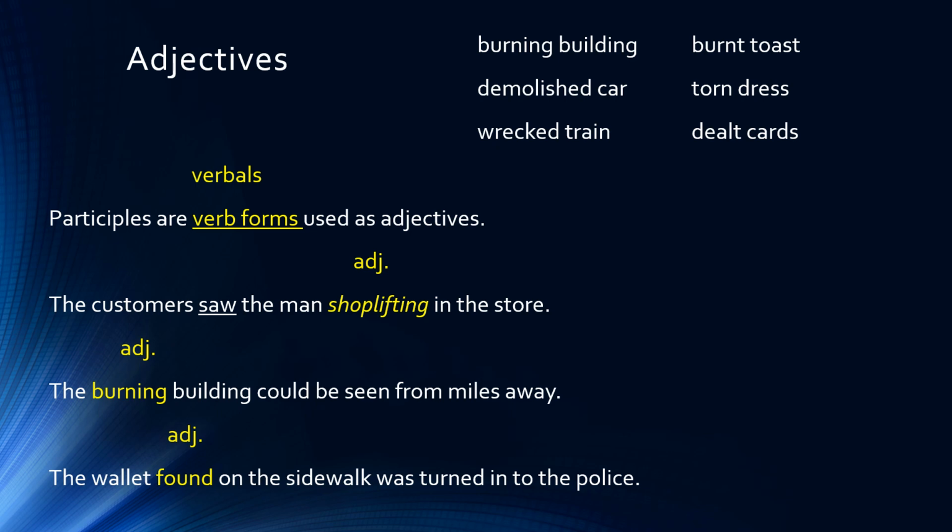Burning is an adjective modifying building. The wallet found on the sidewalk was turned in to the police. Found is an adjective modifying wallet. So these are verb forms that are in these sentences being used as adjectives modifying another word in the sentence.